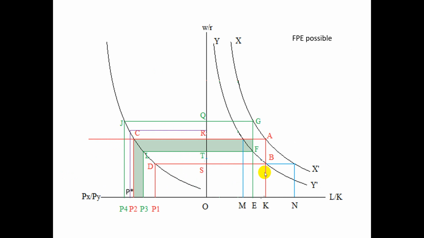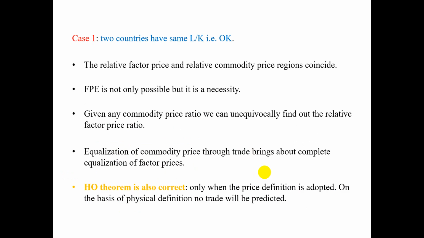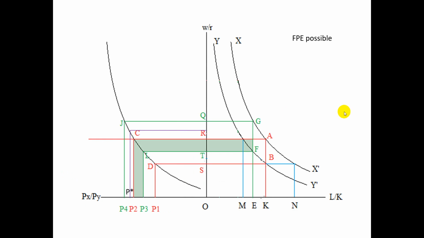Let us now consider the case where the factor price equalization theorem is possible. To start with, we assume that the two countries have the same labor capital ratio, which is equal to OK.